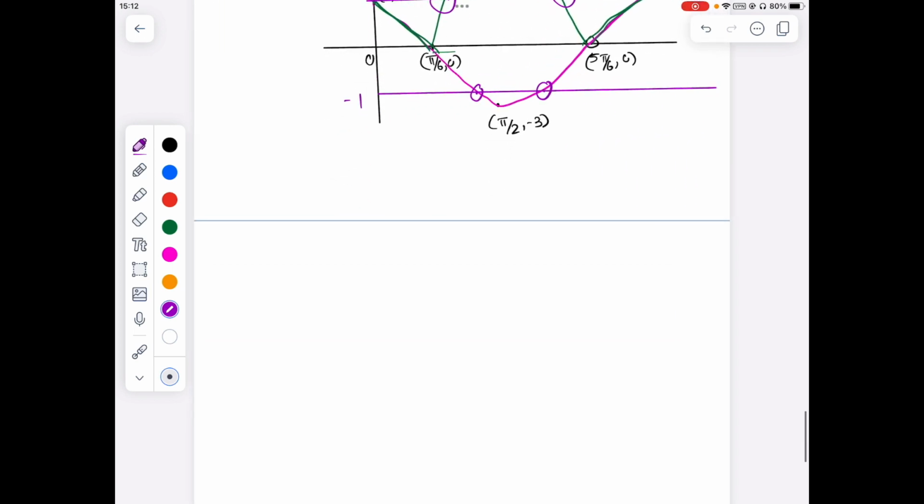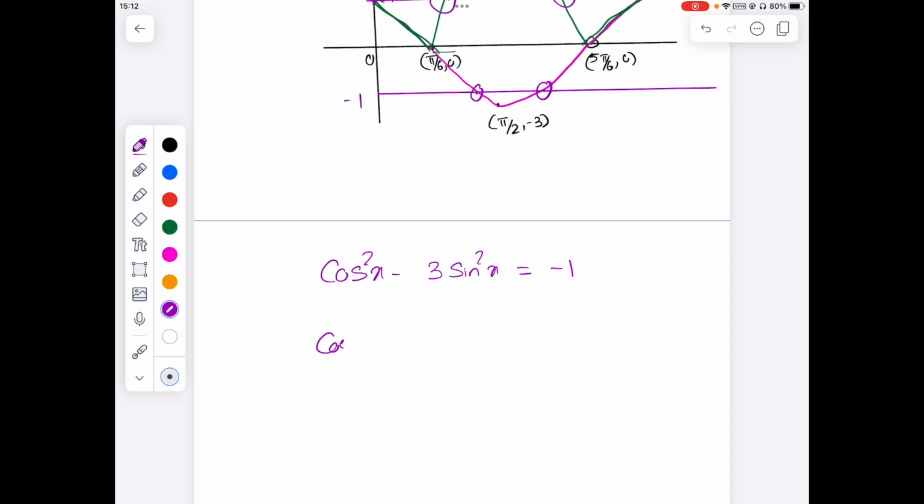So my main intention is to find the solution for minus 1. Why am I finding the solution for minus 1? Because its reflection is going to be the same, so the x coordinates are going to remain the same. So find for the main function f of x equals minus 1. Then you'll be getting the x coordinates.